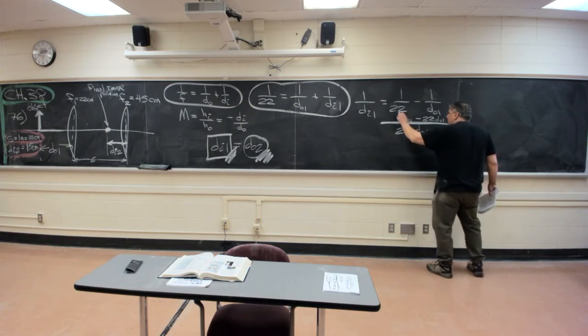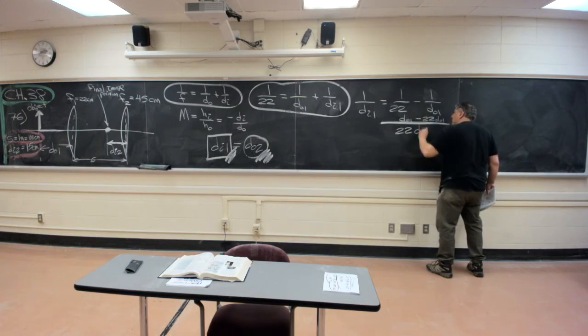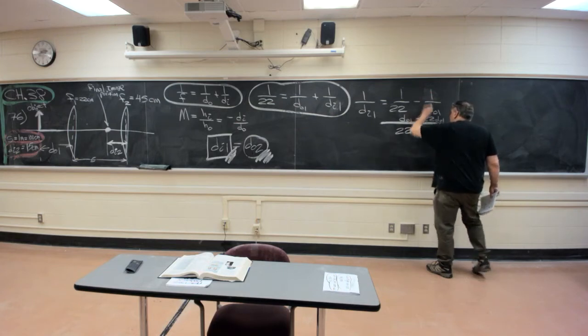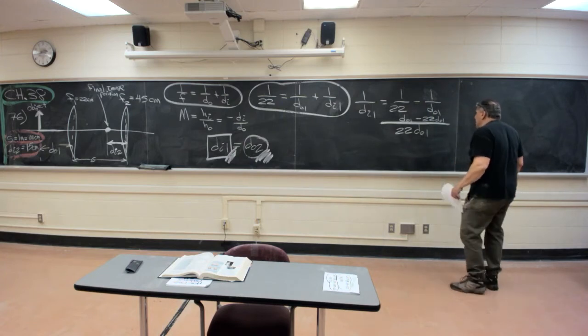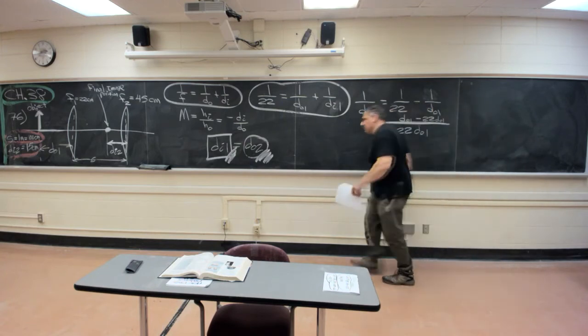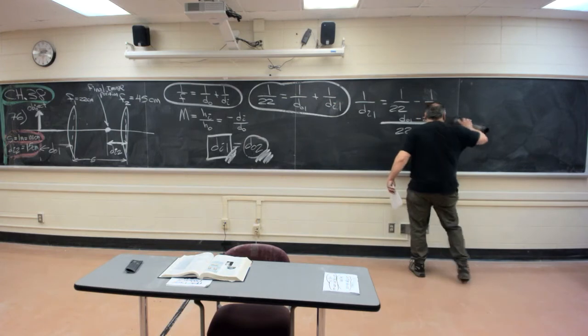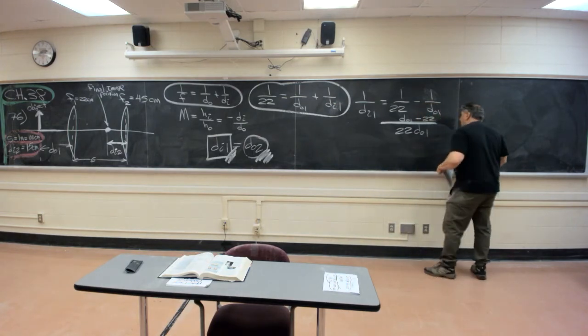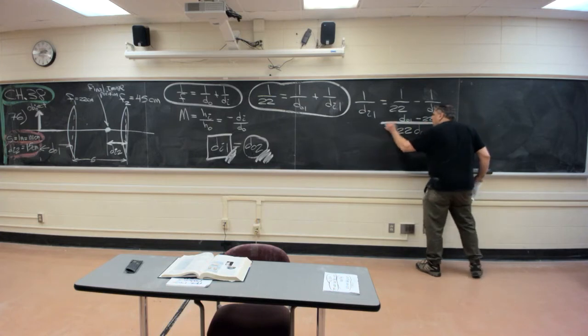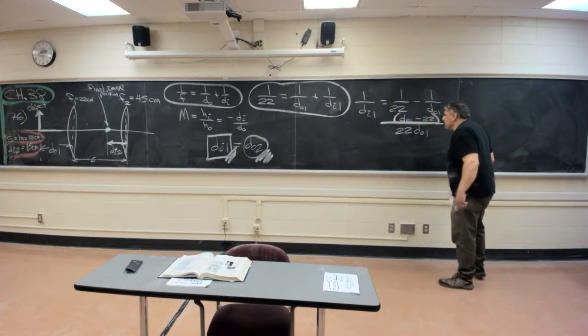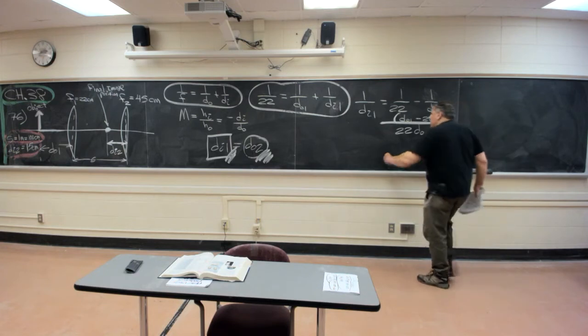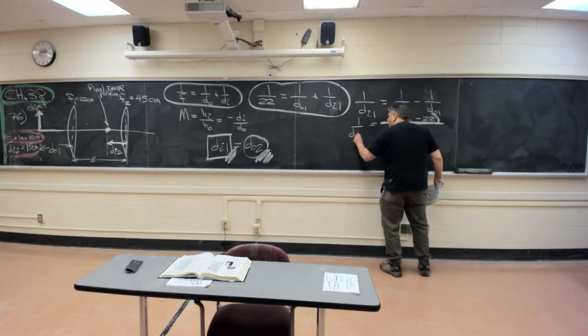So basically you're going to go DO1 over DO1, 22 DO1, 22 over 22, that's 22 DO1, so that's fine. That is equal to 1 over Di1.